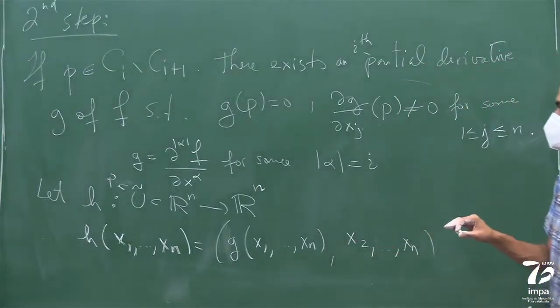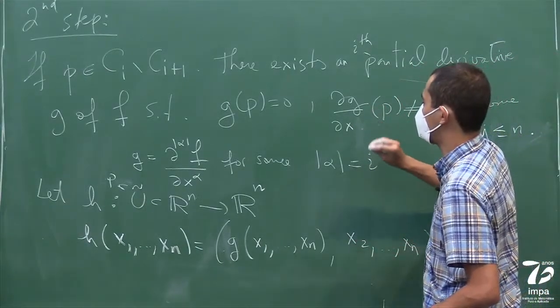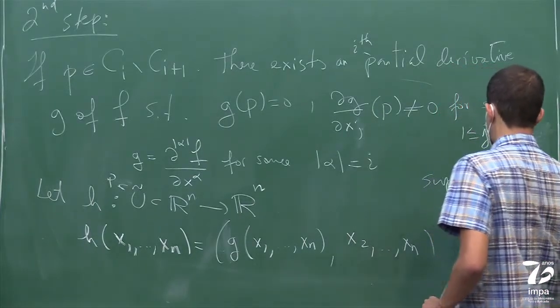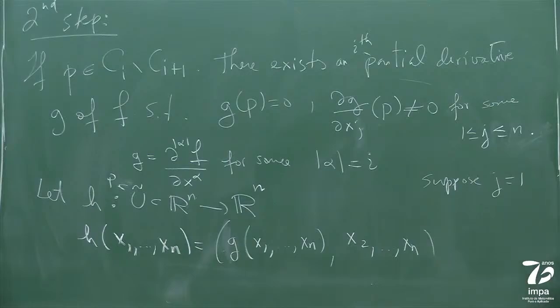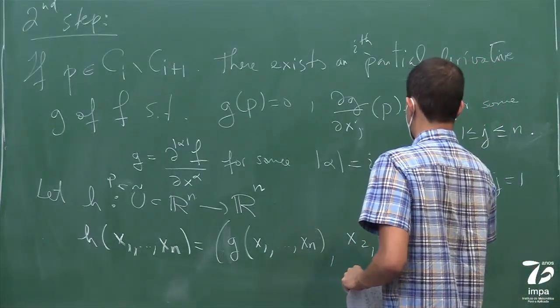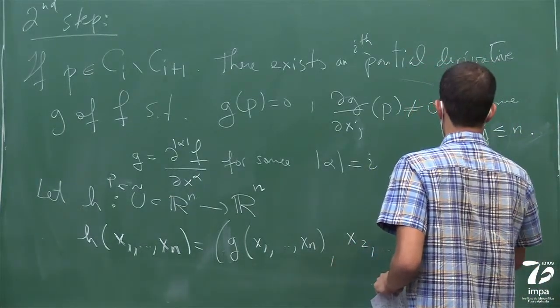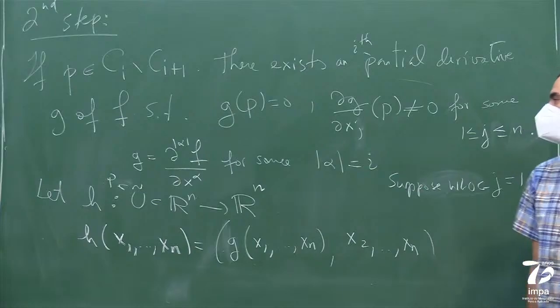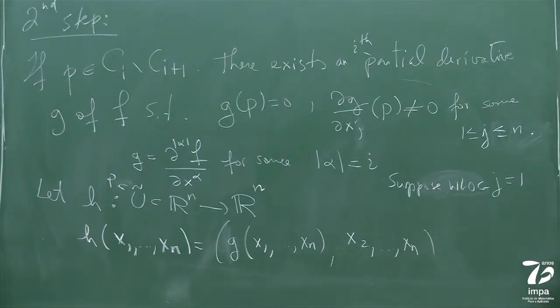I'm going to suppose, without loss of generality, that this j equals 1. Otherwise, you flip this and you put the g in the position of j. You can always do a diffeomorphism to change the order, to suppose that j equals 1, the first derivative that's non-zero.